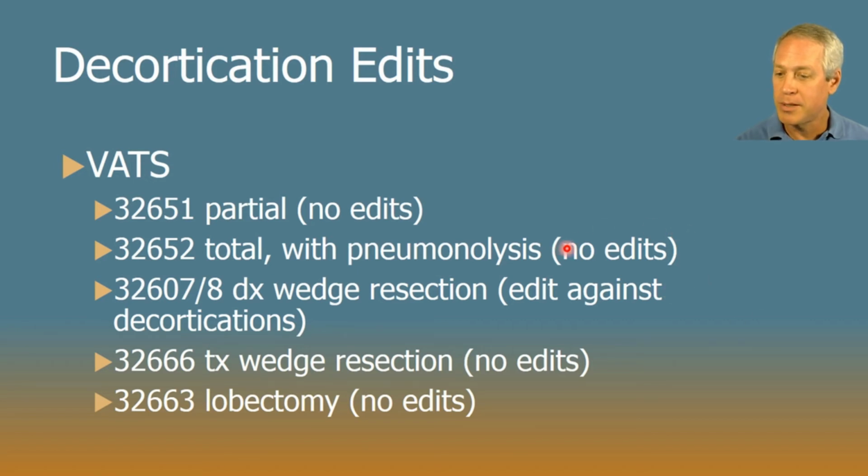Not against pneumonolysis, but against a wedge resection, not against a therapeutic but with a diagnostic, not a therapeutic wedge resection, not a lobectomy. I guess the takeaway message, and it's probably a dynamic situation too, is just run your edits and make sure that you're cool and not any additional code deletions or modifiers may be needed.